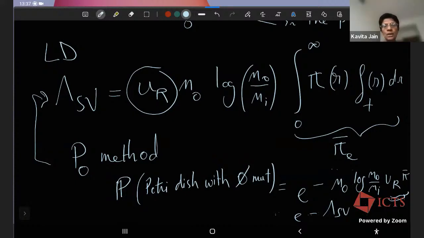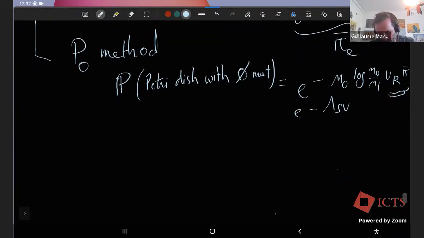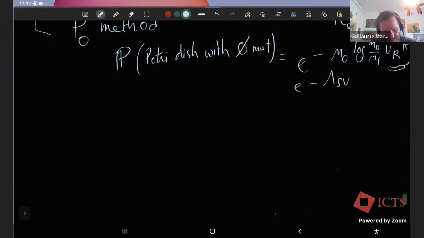One short question, but in the Luria-Delbruck, there's no fixation probability taken into account, no? No, because in the Luria-Delbruck, from what I understand of it, they consider two things. First, they consider that B equals 0 in the stress.